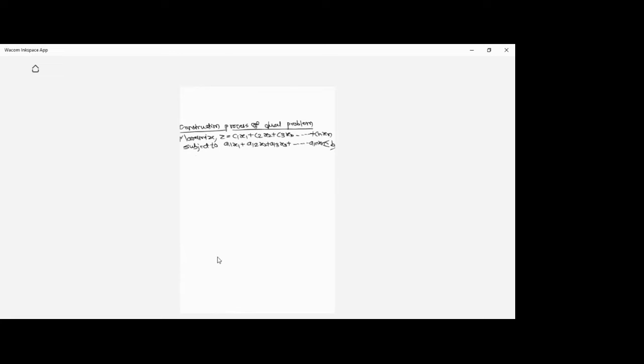There are other constraints like a21 x1 + a22 x2 + a23 x3 + ... + a2n xn less than or equal to b2.